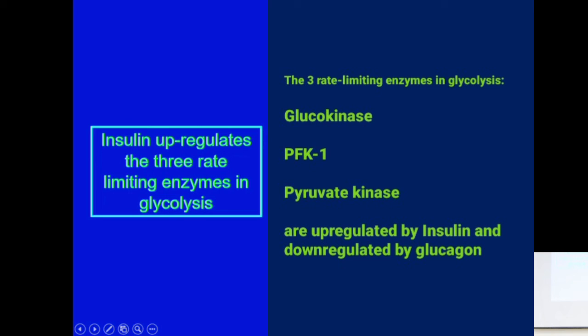And by upregulate, we mean what? We mean increase expression of the enzyme protein. So insulin can increase the expression of glucokinase, PFK1, and pyruvate kinase. So there will be more enzyme molecules made in the liver when insulin is high. Okay, so that's a very important thing to remember.